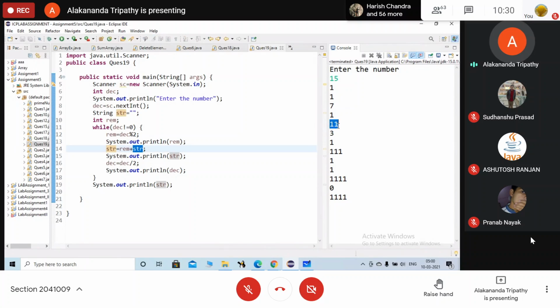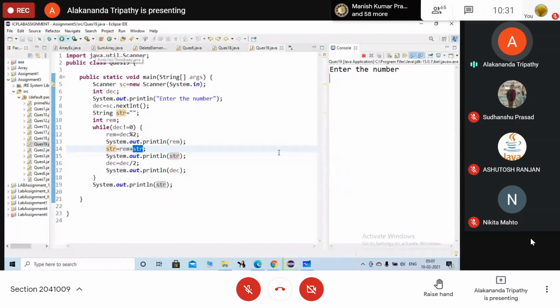So 1 1 आ गया. Then 7 divided by 2 is 3. Again the remainder is 1. पहले ये 1 append 1 plus 1 1. So this is the value. Again तुम्हारा number 3 by 2, 1 आ गया. So 1 mod 2 it is 1. पहले 1 आ गया, उसके बाद ट्रिपल 1 because we are appending remainder with str. Then divide कर दिया 0. So the final answer here will be 4 ones.